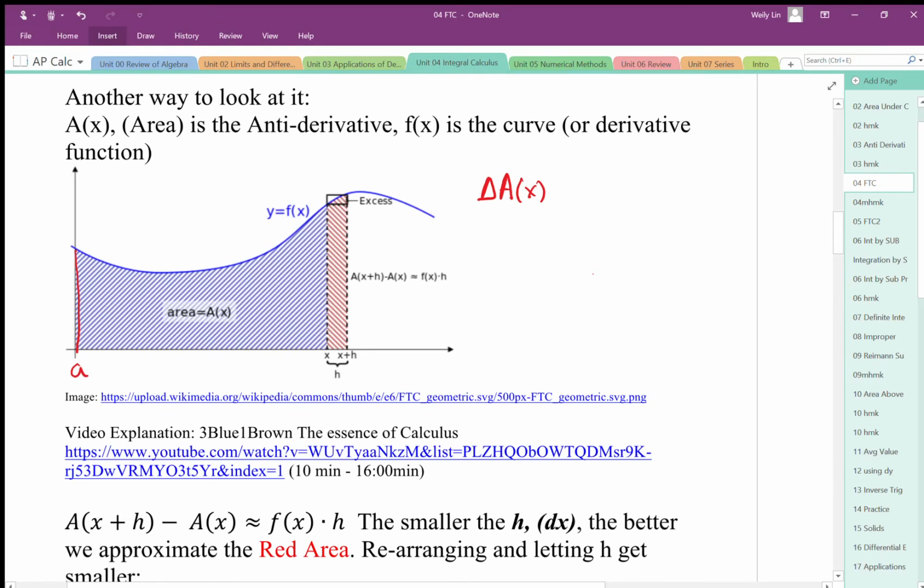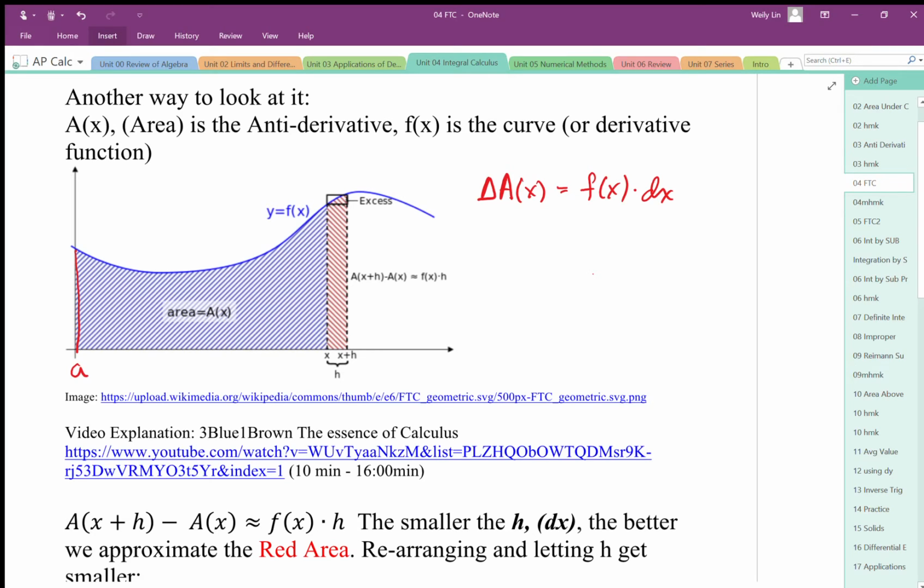And that change in A of x essentially, and there's a little bit of error in there, but essentially that change in A of x is going to be the f of x, or the height of the graph, times the width here, which is dx. In this case, it's been kind of labeled as h, but we see it as dx. Okay, so we can establish that.